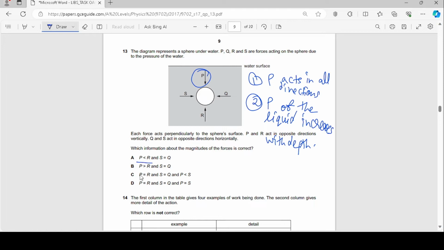So P is less than R, P is not equal to R. We can cancel out C and D, and P is not greater than R, so we can cancel that out too. But S equals Q, because they are at the same level, so force S equals force Q. The force due to the pressure of the water below is more than the force due to the pressure of the water above. Force is pressure over area actually.